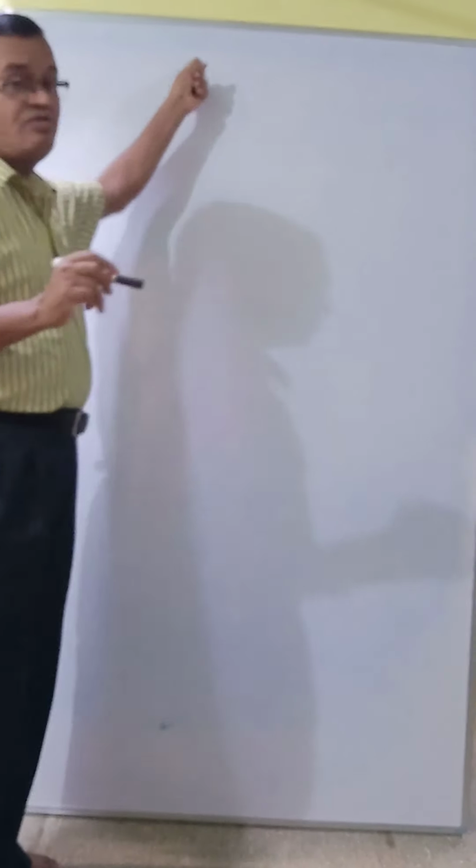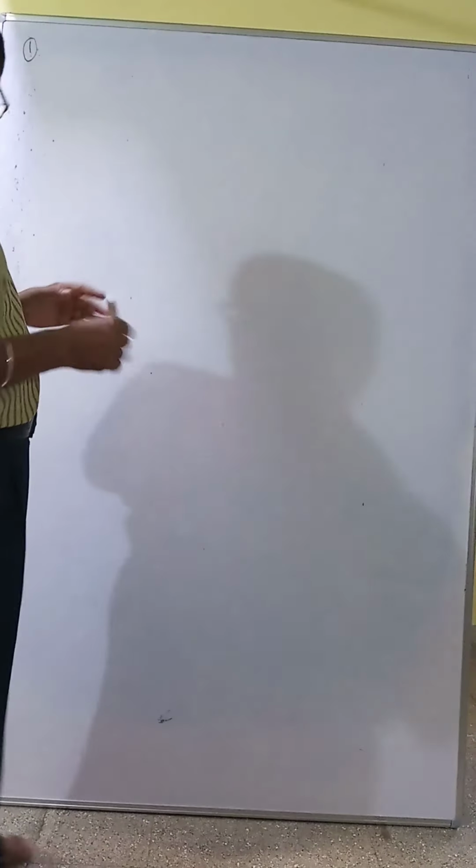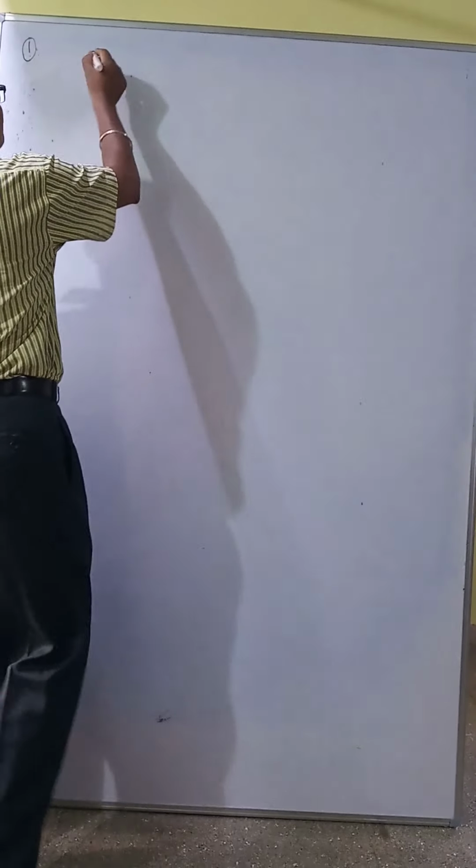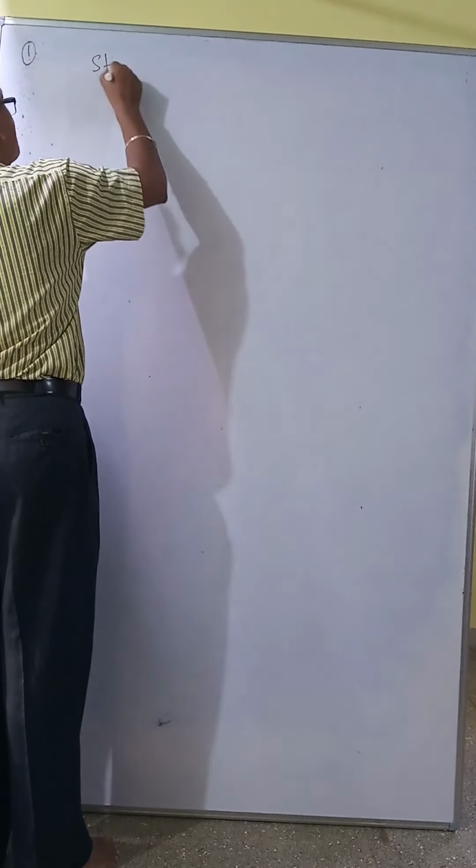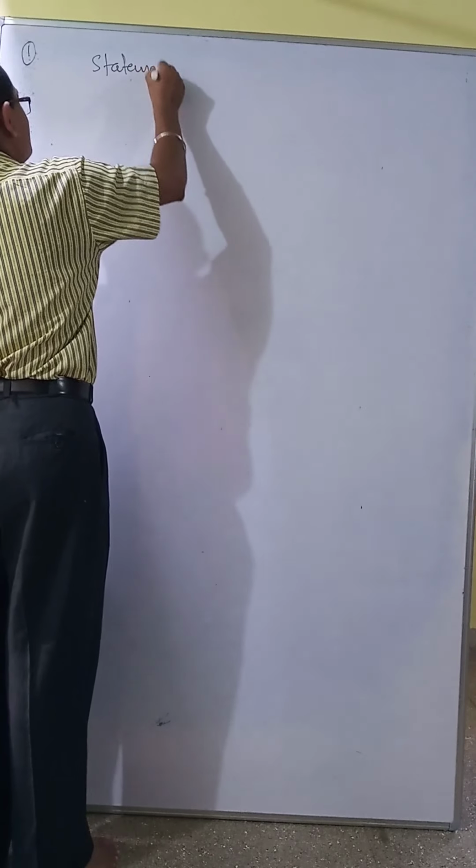And 4 weeks is equivalent to 1 month. If weeks are given in the question, you have to convert months into weeks. Okay, this is given. So first you have to prepare the statement of cost sheet. First problem, I'll show you slowly the statement of cost sheet.